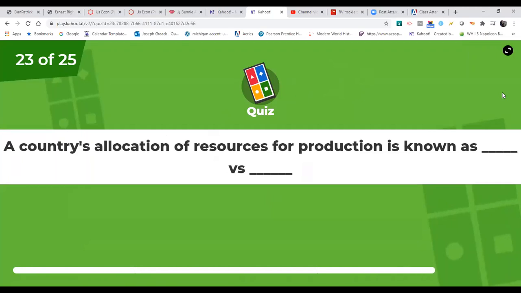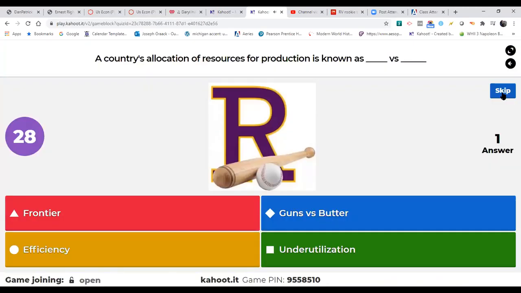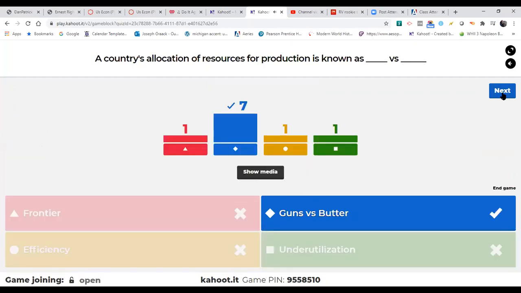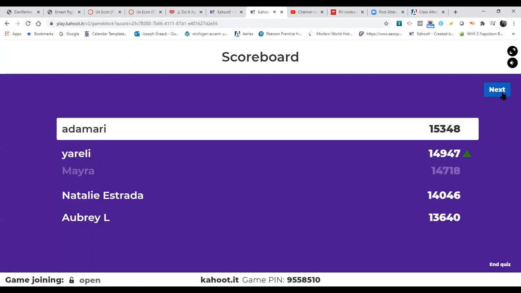A country's allocation of resources for production is known as what versus what? Guns versus butter. There we go.